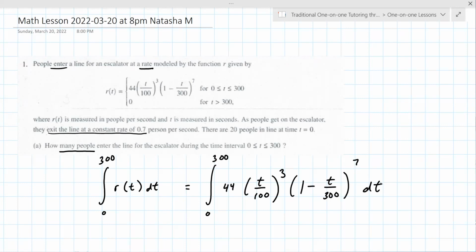And this feels like a calculator problem, but I'm not sure based on what I'm seeing here, were you allowed to use a calculator for this or not? I believe so. Okay. The other thing here is that there are 20 people in line at 0.